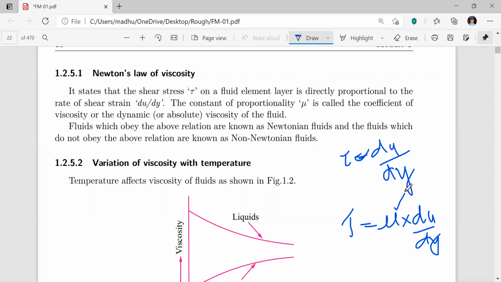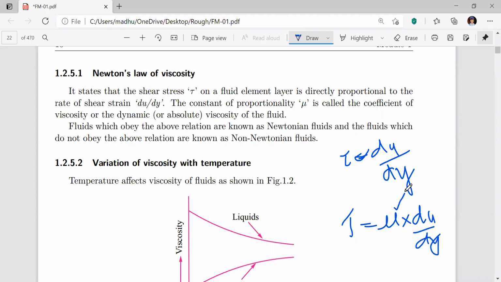It is called dynamic viscosity. Tau, the shear stress between the fluid element layers, is directly proportional to the rate of shear strain. Shear strain is nothing but du by dy. This is called Newton's law of viscosity.